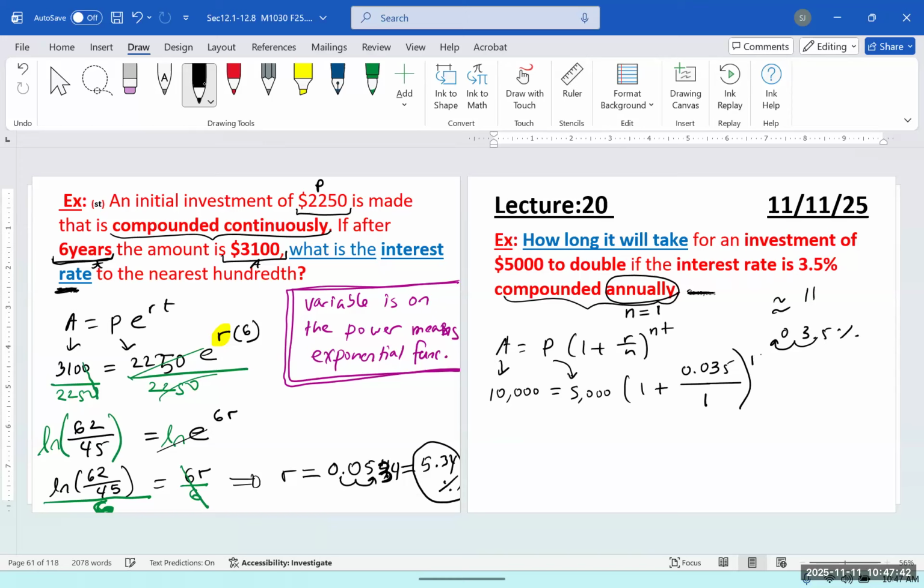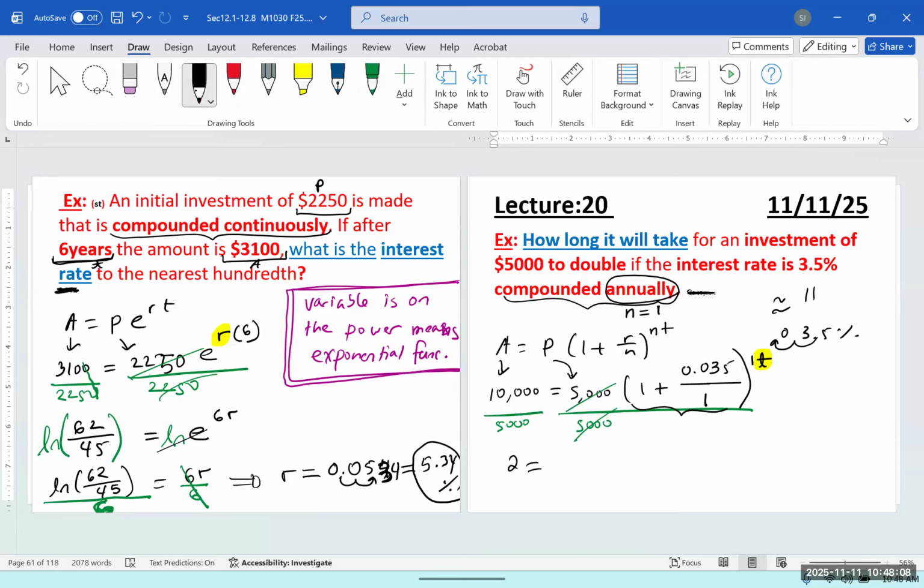And do you know how long it will take? No, this is what you're looking for: how long it will take. So we are going to clean this up a little bit. Divide both sides by 5,000. What do you get on the left side? 2.